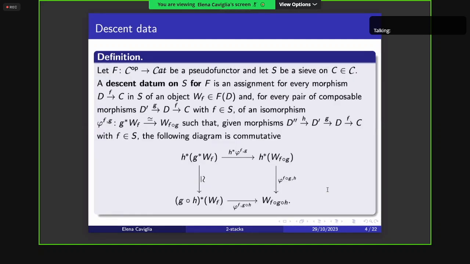And the next ingredient that we need in order to define stacks is that of a descent datum.